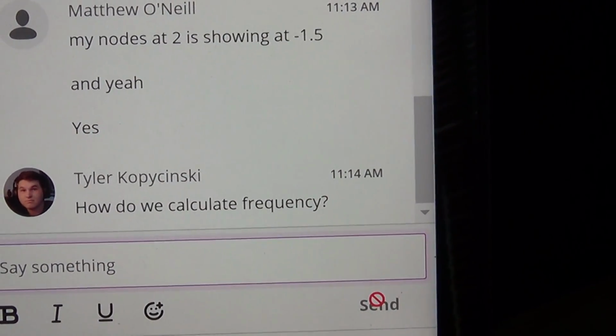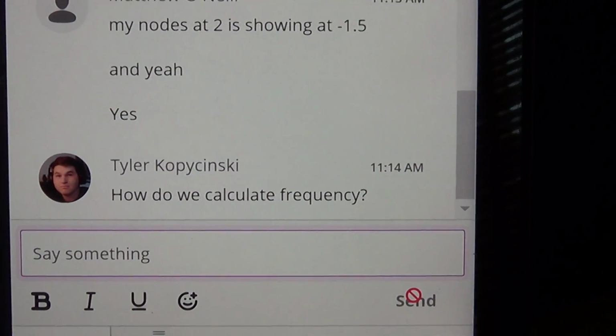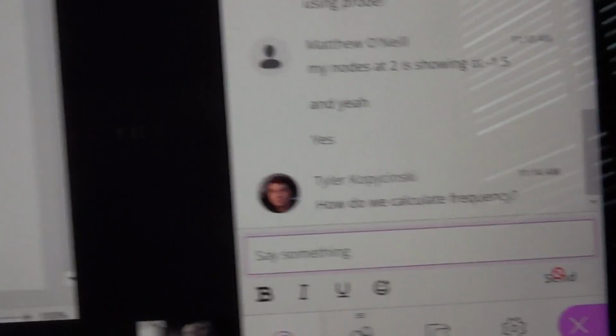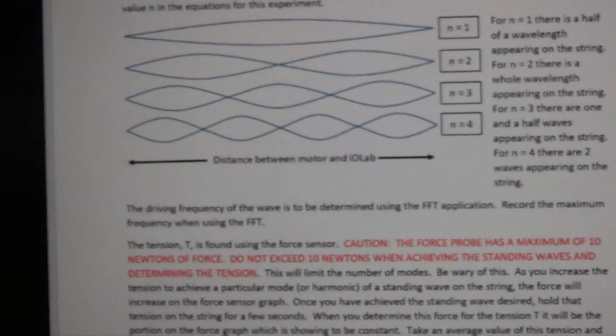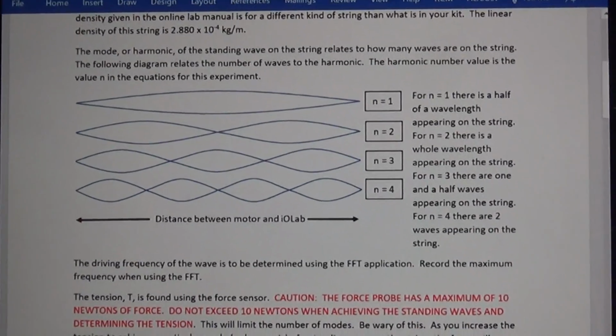Okay, so you don't calculate the frequency, you get the frequency from the fast Fourier transform. So I can show you that again. I'm going to stop sharing my notes and bring back.